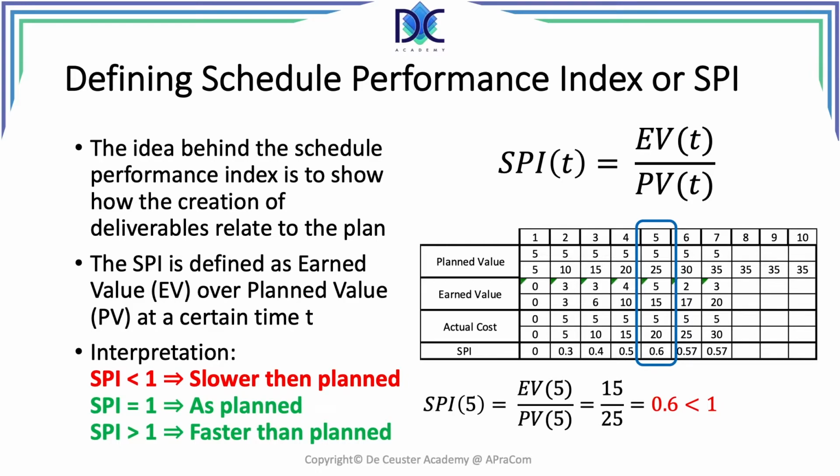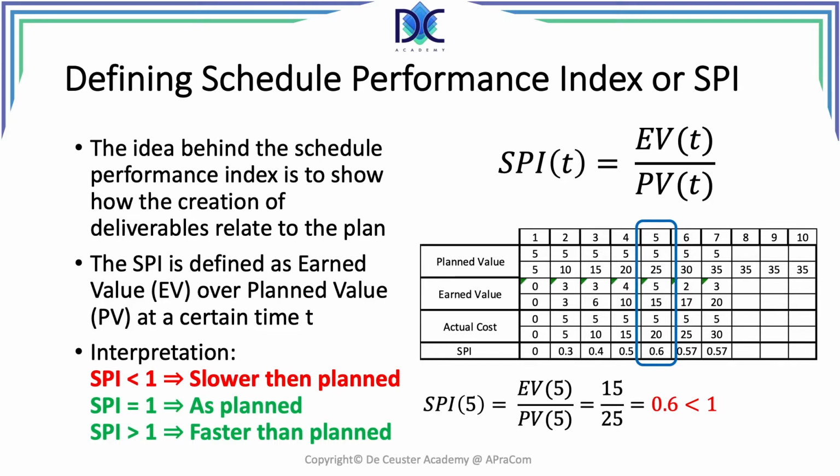So when we look at the table at period 5, we find the planned value, the earned value, and also the actual cost, but I will not talk about actual cost in this slide. We see the cumulative planned value or the S-curve, the cumulative earned value, and we see that the earned value at period 5 is 15.